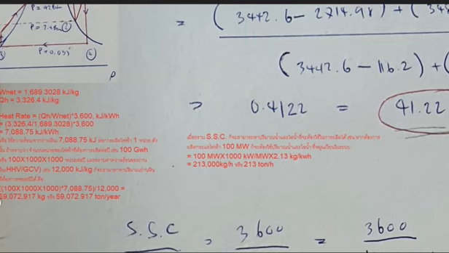By doing some calculation, we can determine how much coal we need to supply to the plant per year, which in this case is about 59,072.917 ton per year.